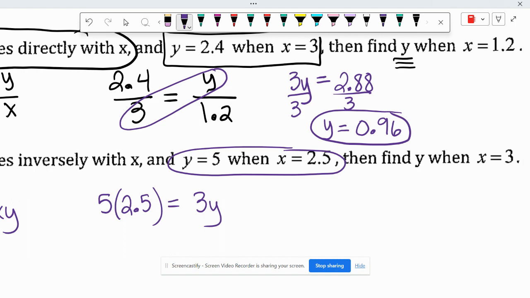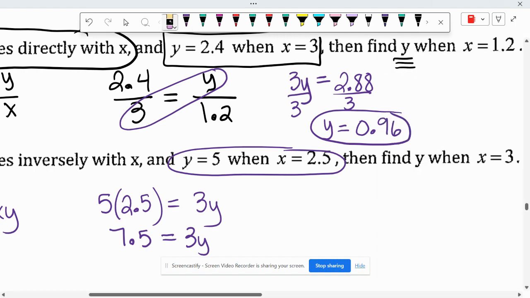So let's see, 5 times 2.5 is 7.5, right? So 7.5 equals 3y. Oh, 5 times 2.5 is not 7.5. That's 3 times 2.5. 5 times 2.5 is 12.5.